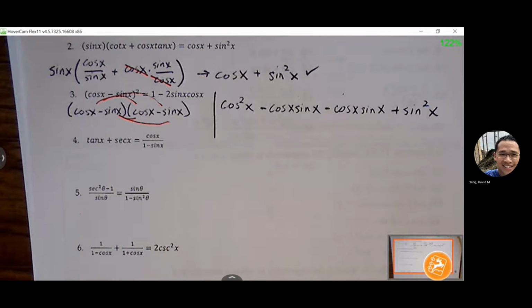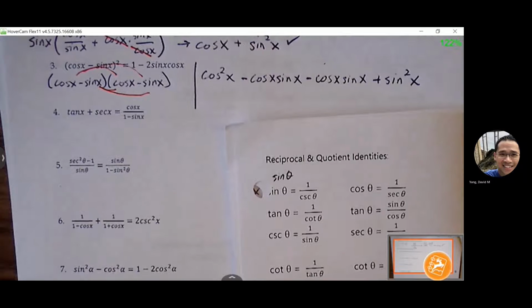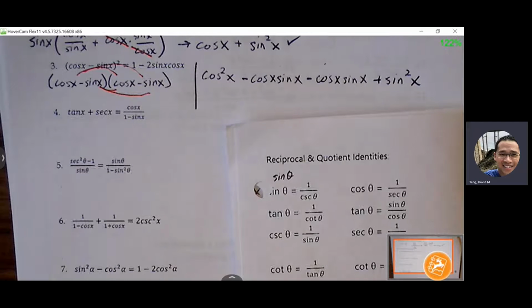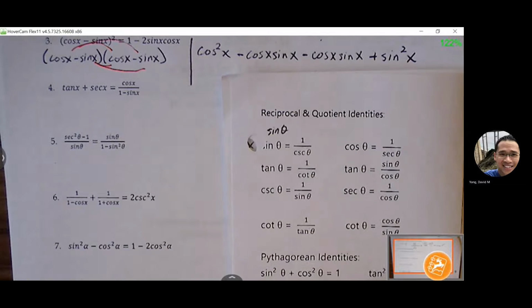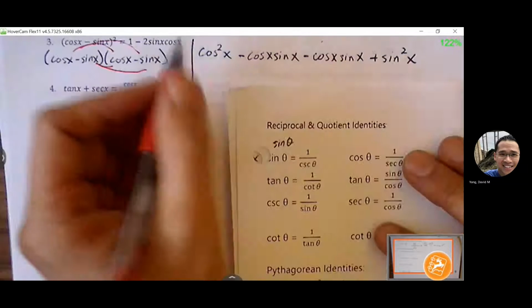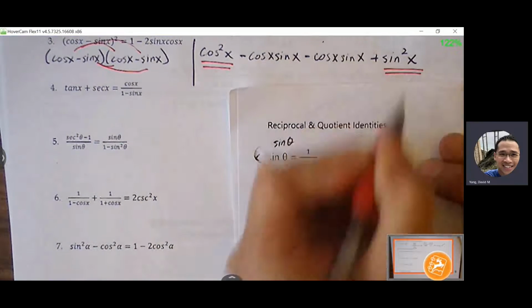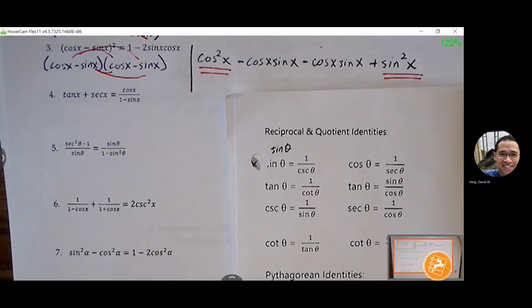It doesn't quite look like the right side. Do you see the properties that could actually be useful? Anytime I see sine squared plus cosine squared, we know that there's some cleanup, some opportunity, right?